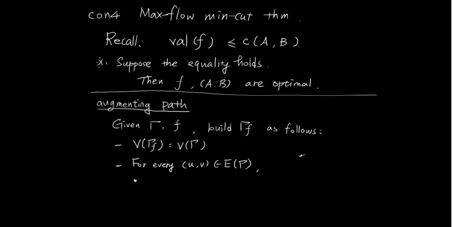Let me draw it here. U, V, and we have the flow of UV. It is supposed to be less than or equal to the capacity of UV and greater than 0.